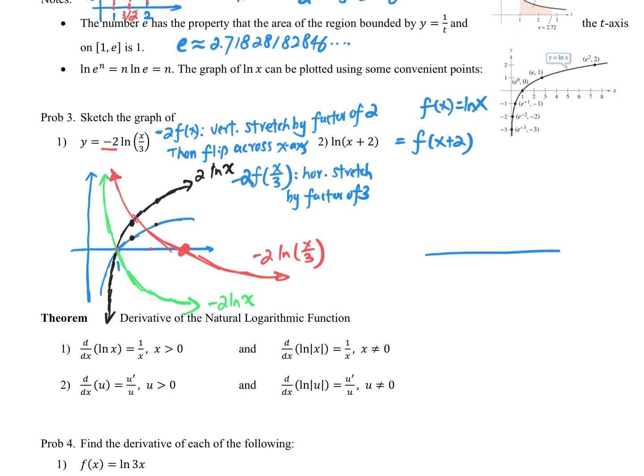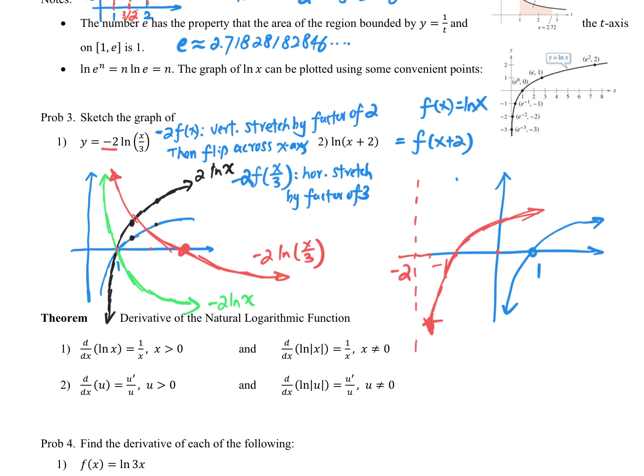So if this is ln x, and this is 1, when you shift it to the left 2 units, 1, 2, this becomes negative 1. The vertical asymptote here is actually x equals negative 2. It won't cross x equals negative 2. All right, so those are some quick comments on doing the graph.